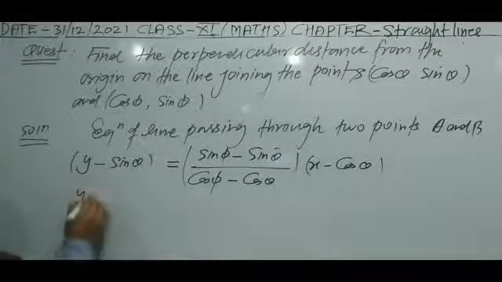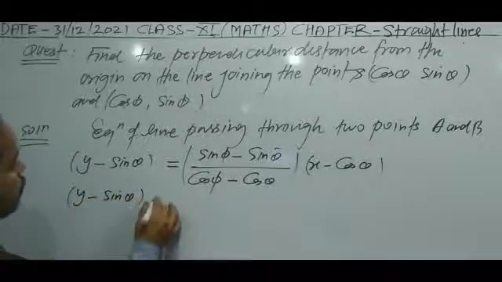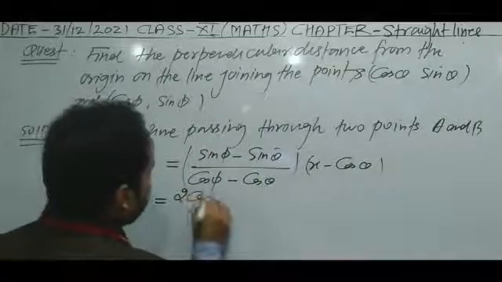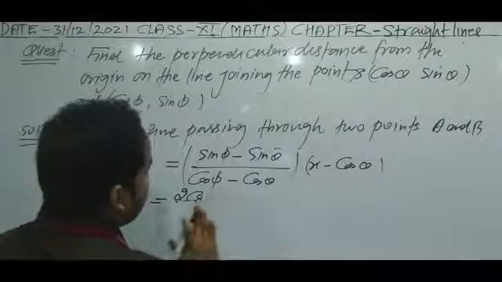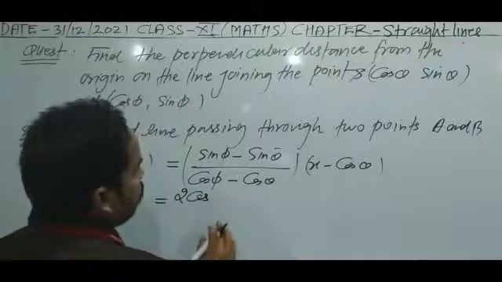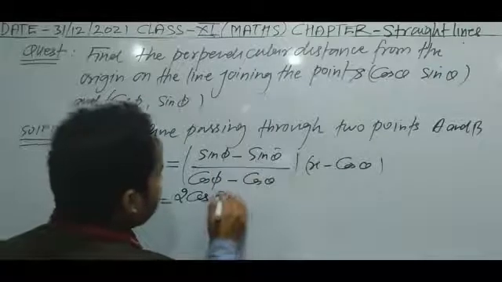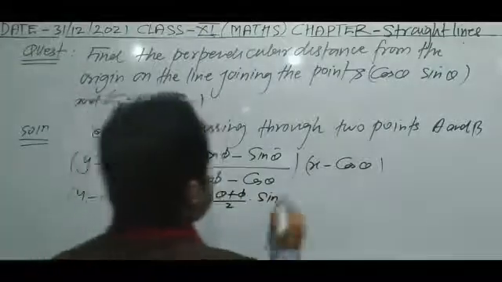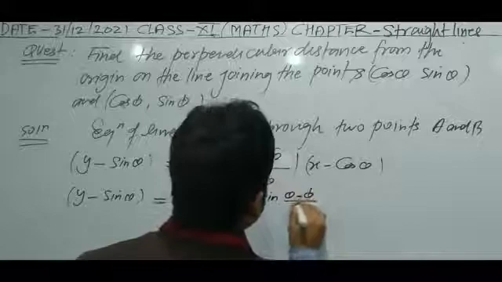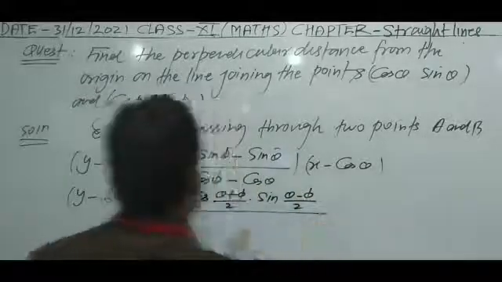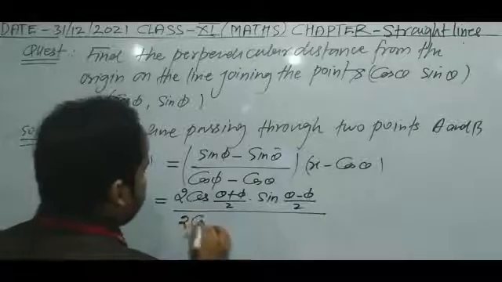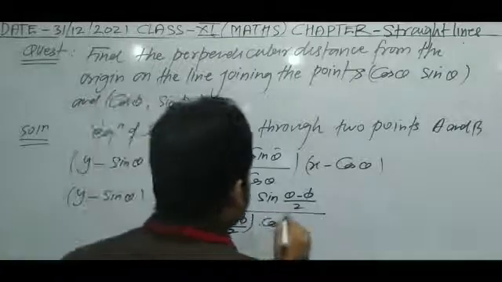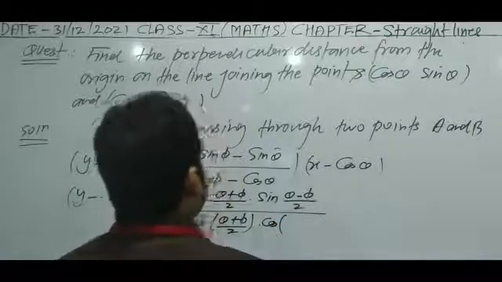So y minus sine theta is equal to, you have to apply the formula sin c minus sin d. So the result is 2 times cos of c plus d by 2, it means theta plus phi by 2, into sin of theta minus phi by 2, whole upon 2 times cos of theta plus phi by 2 into cos of theta minus phi by 2.